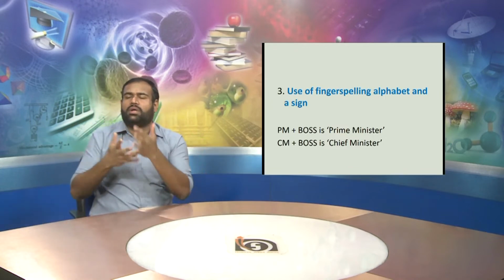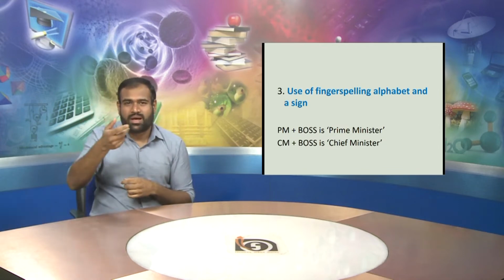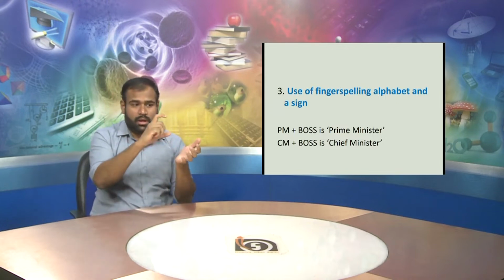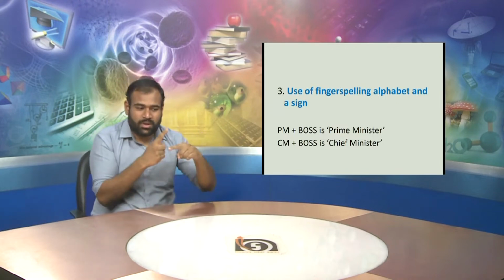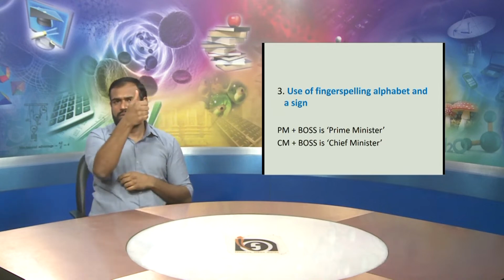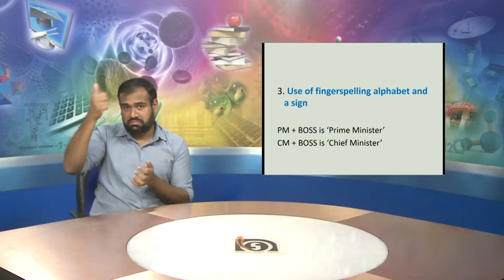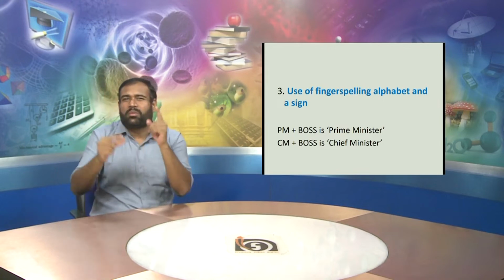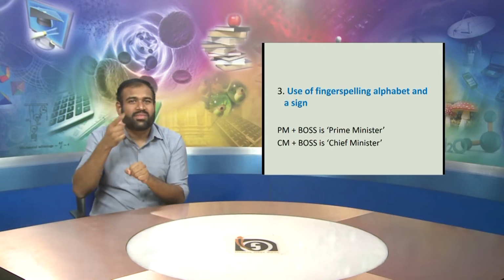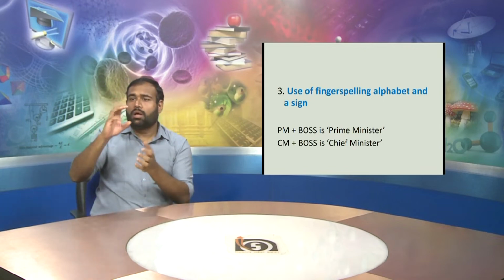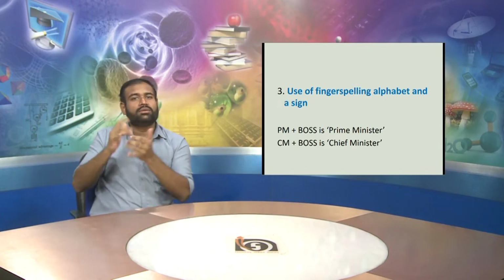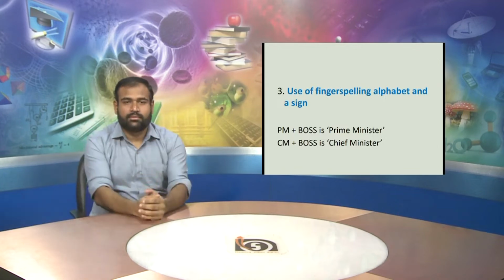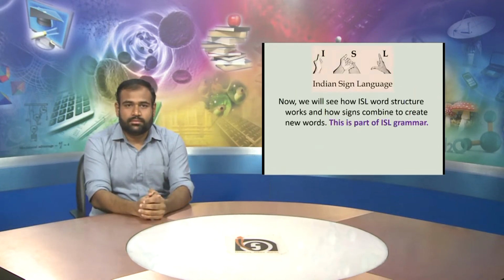So these 3 signs will be used together and it creates a new sign. And similarly, you can see the next line, CM plus boss is Chief Minister. So for Chief Minister, we will be using this sign, CM plus boss. That means we are talking about Chief Minister. So it is again a new sign. So there are so many examples. I would be showing some more examples in further slides.